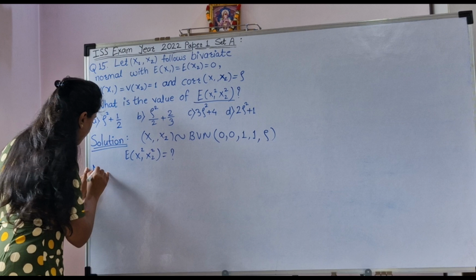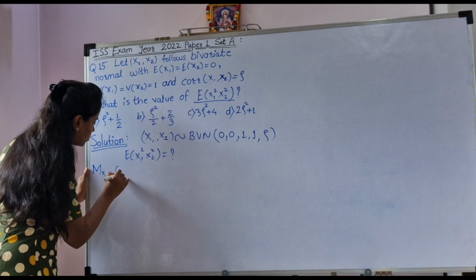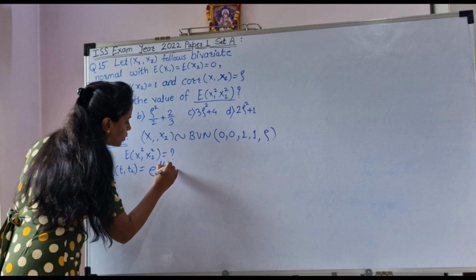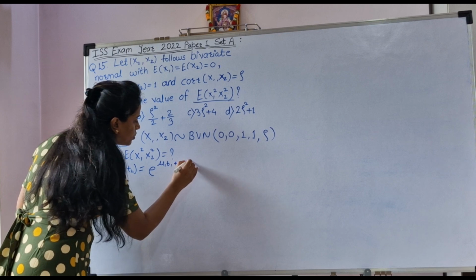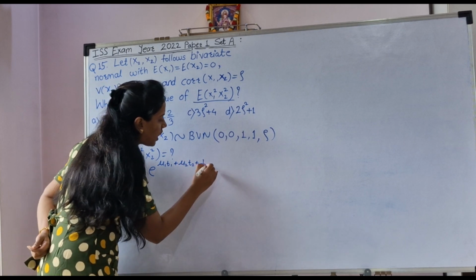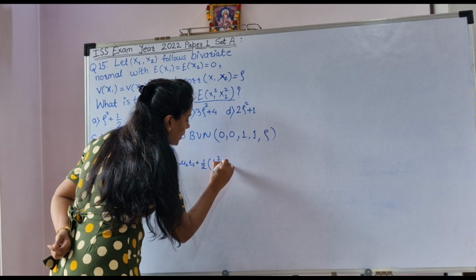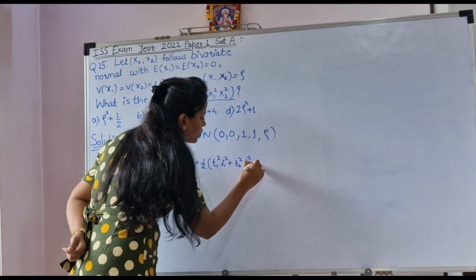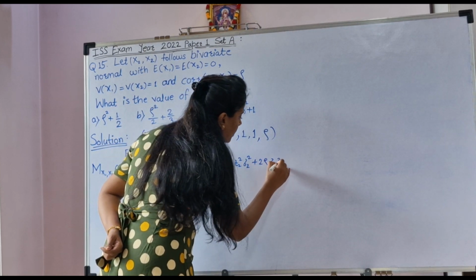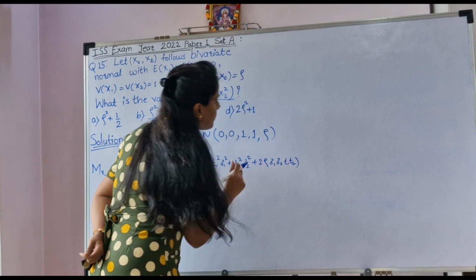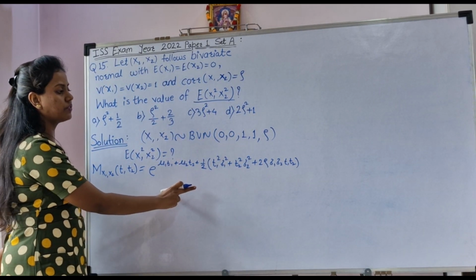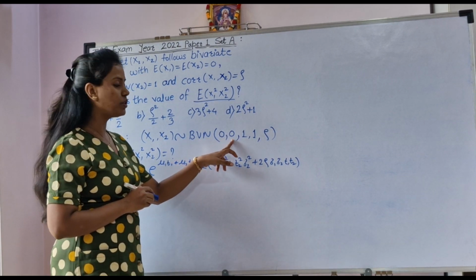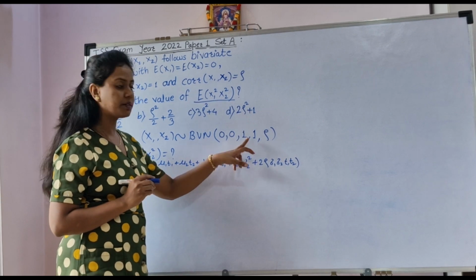So here the moment generating function M X1 X2 (t1, t2) is given as e to the power mu1 t1 plus mu2 t2 plus half of t1 square sigma1 square plus t2 square sigma2 square plus 2 rho sigma1 sigma2 t1 t2. This is the moment generating function for a bivariate normal. Now it is given that mu1 and mu2 are 0 and sigma1 square and sigma2 square are 1.